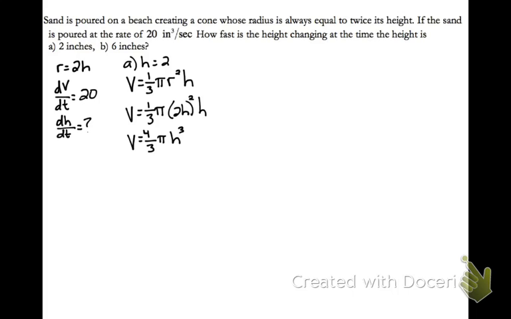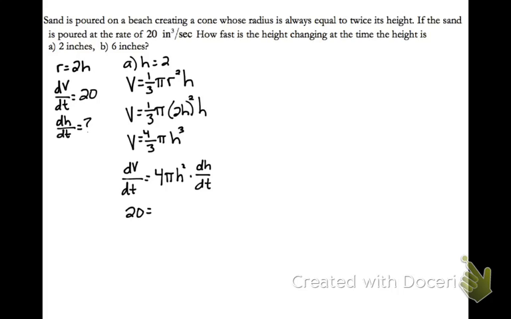So when I take the derivative, I'll know that dV/dt is equal to 4 pi h squared times dH/dt. And what I want to know is, what is dH/dt equal to? And dV/dt, we're told, is 20.